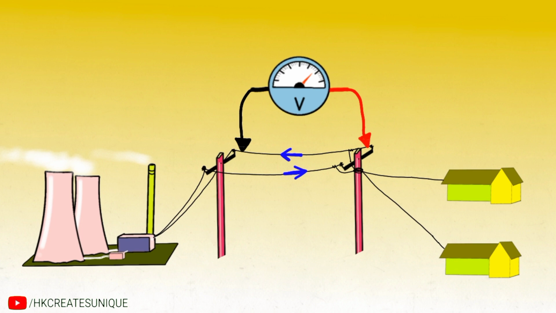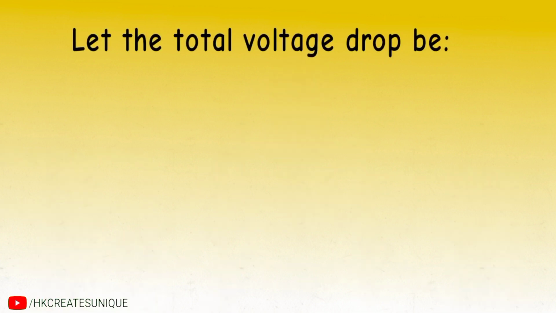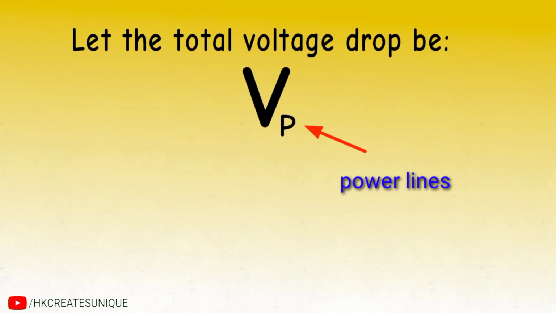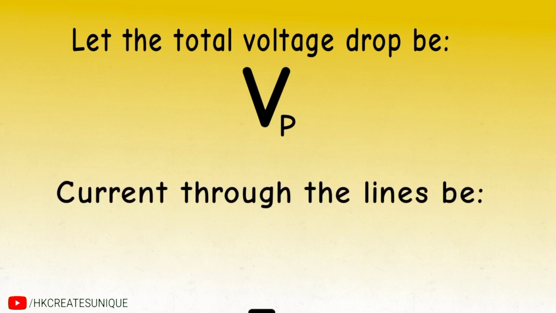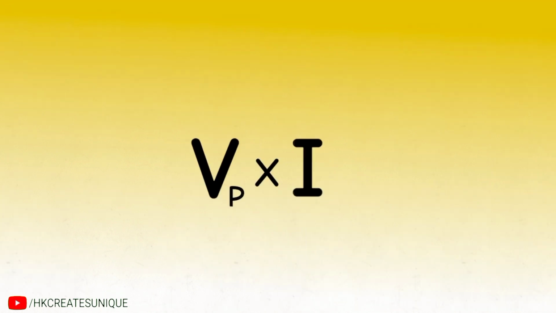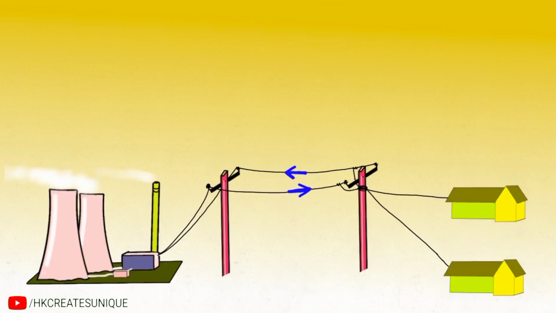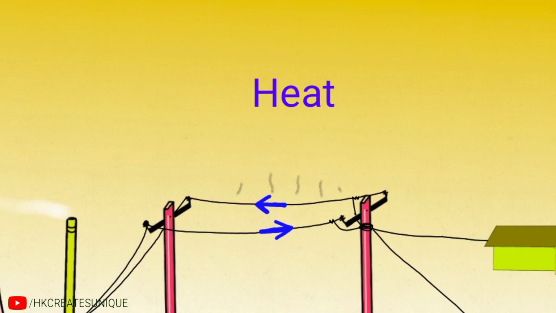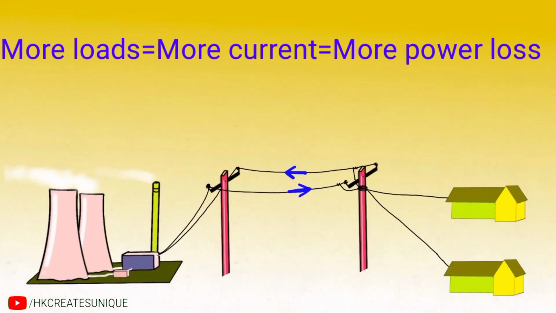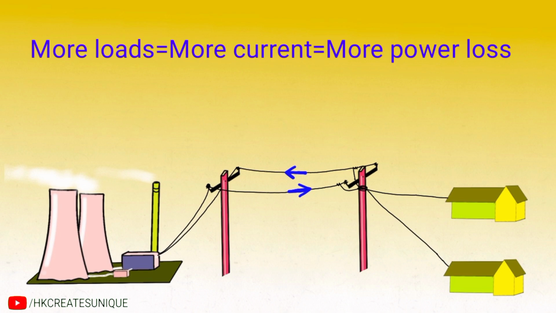Let the total voltage drop be Vp, where P means power lines, and current through the lines be I. Therefore, power loss is Vp multiplied by I. This power is lost in the transmission system in the form of heat, and it becomes more when more loads are connected, which increases current.